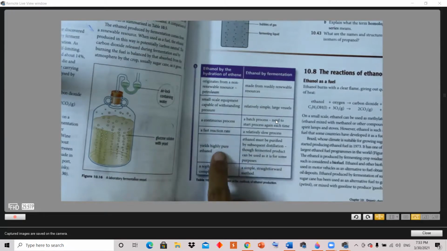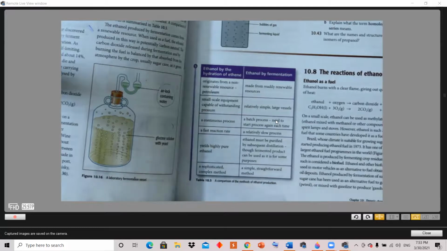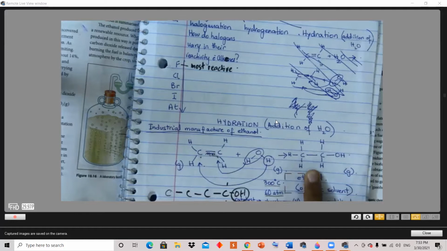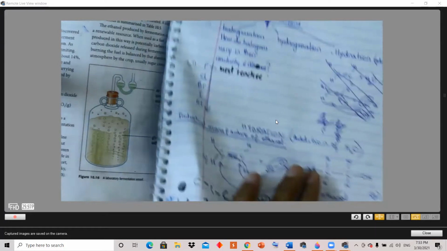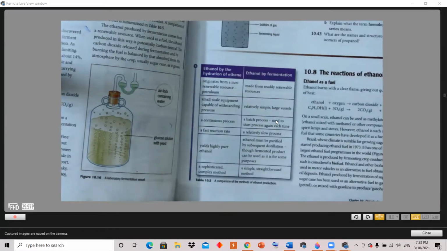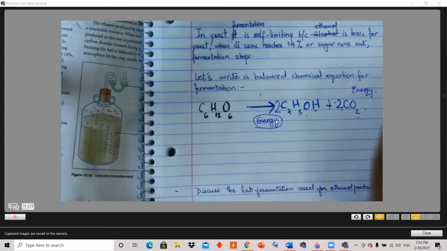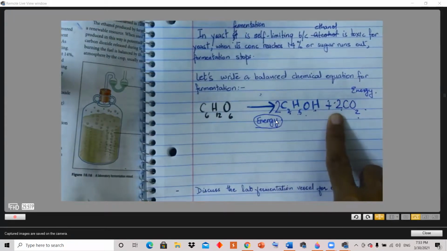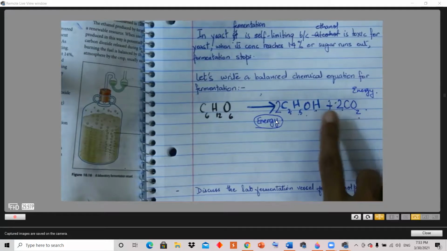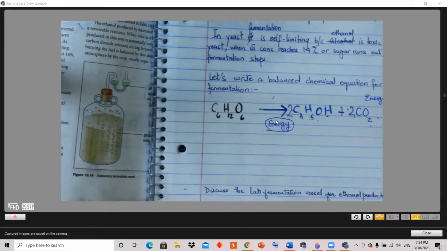And overall, hydration produces highly pure ethanol, because we don't have any other product, only pure ethanol is produced. Whereas in fermentation, carbon dioxide is also produced along with it. So separation will be a job to do. It has two products, so we'll have to separate. If you want pure ethanol, you will have to get rid of carbon dioxide.